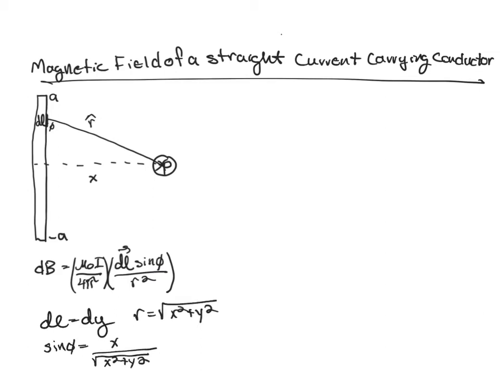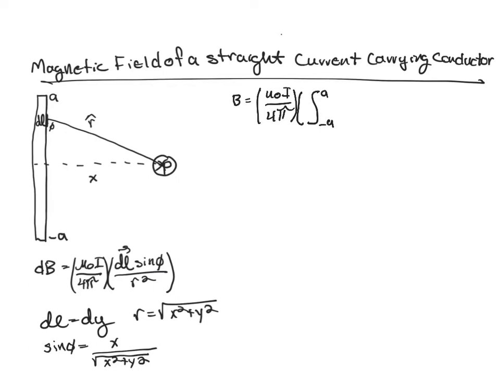Alright, so now I'm going to plug this into our law of Biot-Savart. We're going to integrate from negative a to a, so that's essentially the length of the wire.